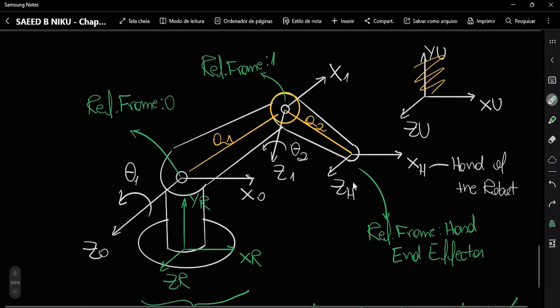Our second transformation is a transformation of the H frame in relation to the frame of number 1.